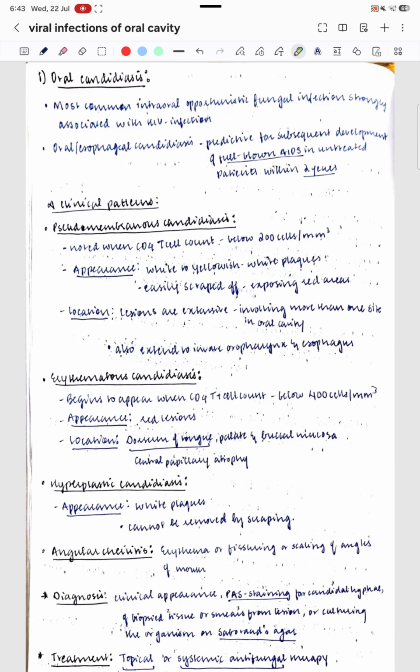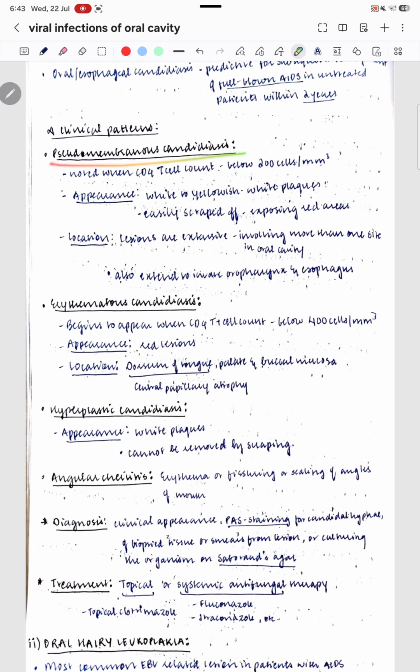Then coming to the clinical patterns, there is pseudomembranous candidiasis, which is noted when the CD4 cell count comes down, below 200 cells per microliter.